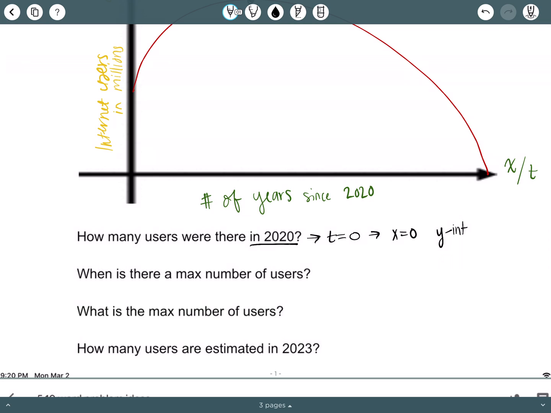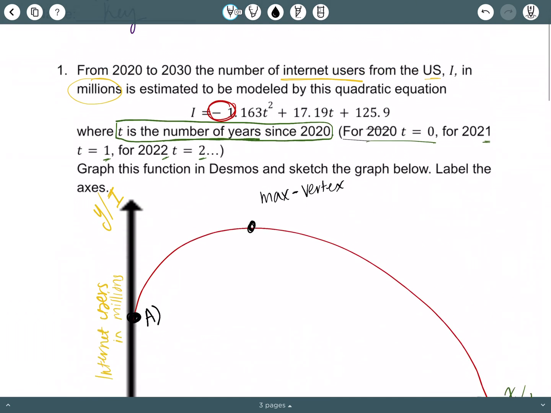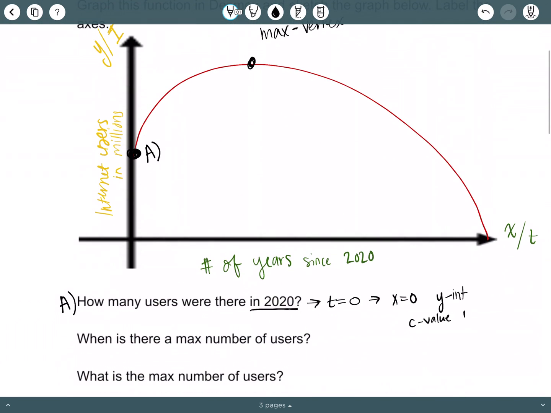So we are looking at this point right here, our y-intercept. So letter A corresponds to this point right here. Now you can use the c value to tell you your y-intercept. So in this case, our c value would be 125.9.